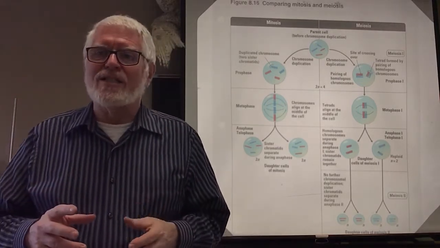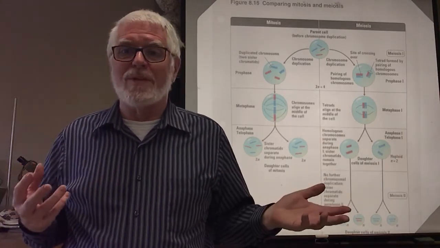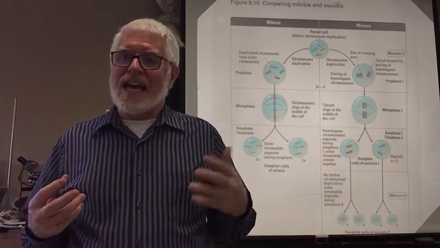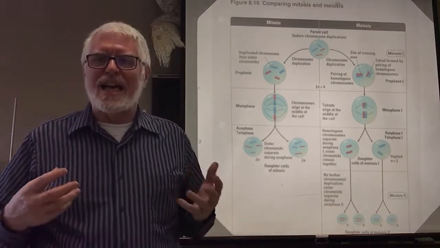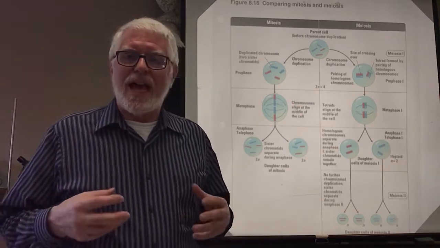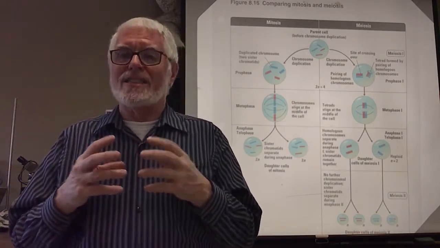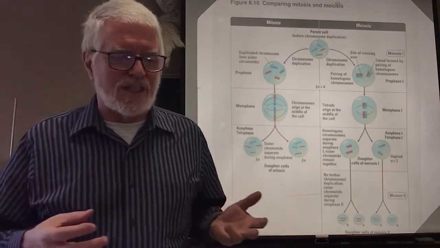Very often packaged in a cell, because remember, the most common form of sexual reproduction is actually sperm and egg cells, male and female. But that's not the only way to do it. In some organisms, haploid nuclei, single set nuclei, are exchanged.